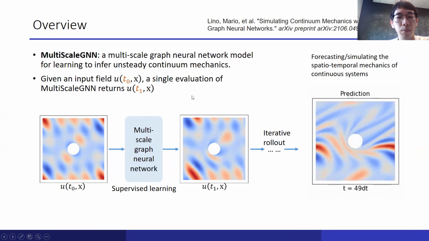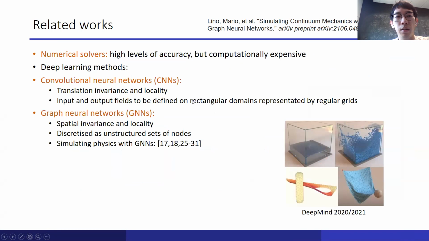This is simple, and there have been a number of related works on this topic. Obviously, the traditional numerical solvers are well developed for the simulations, and they can achieve high levels of accuracy, but may be computationally expensive. Recently, some machine learning methods have been developed for the simulations.